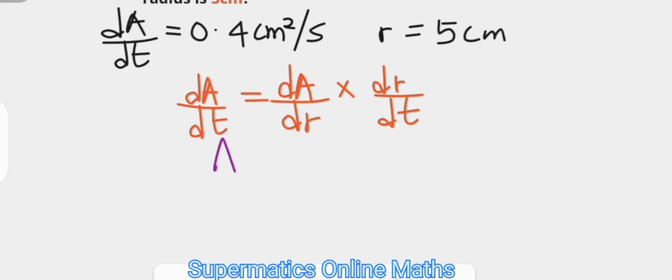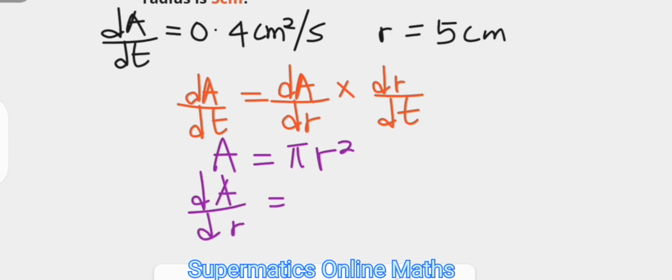Also, the area of a circle is pi r squared. Differentiating this with respect to the radius gives dA/dr, and that is 2 pi r.